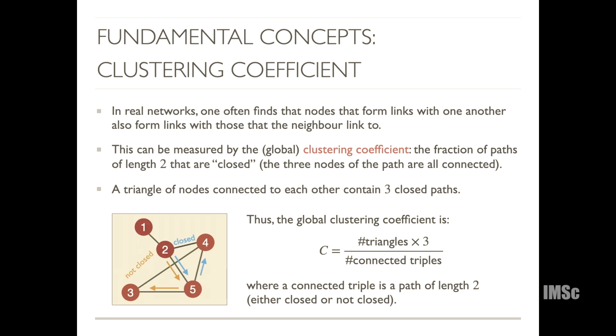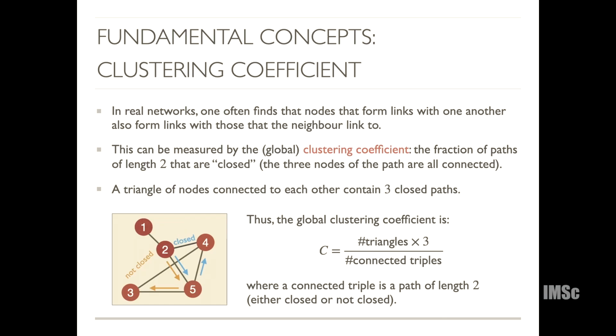So you can reframe the definition given above like this. Take 3 times the total number of triangles in the network, where a triangle is just three nodes all connected to each other, divided by the total number of connected triples.